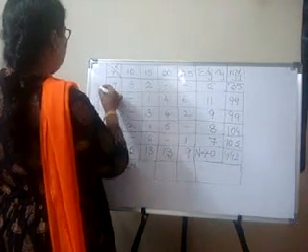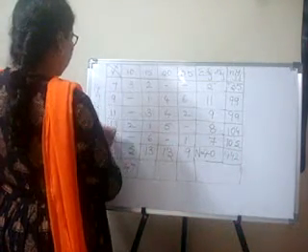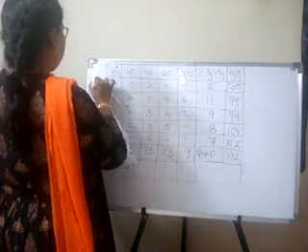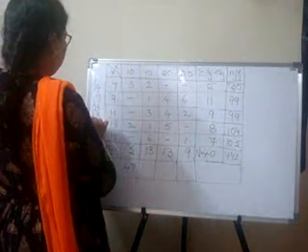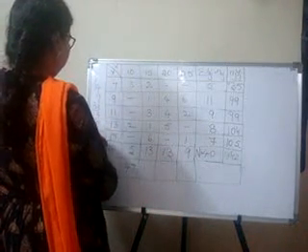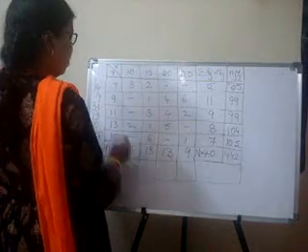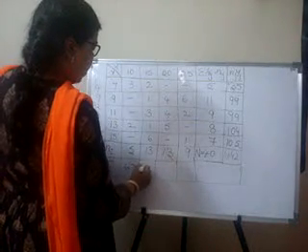So it is 9, 10, 13, 16, 19, 2, 5, 10, 159.